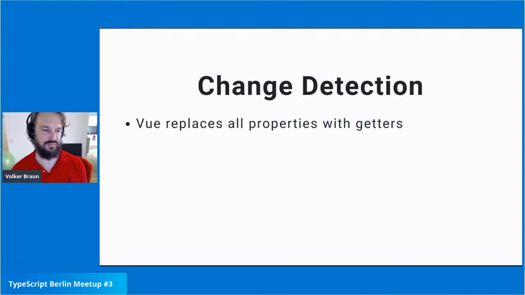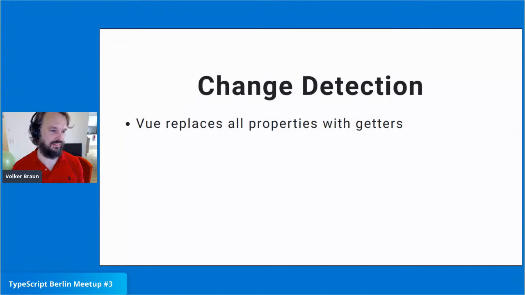Everybody has a little bit of a different riff on how change detection works. How does Vue do it? Well, it takes everything that's visible, like a property of the component, and recursively goes through it and all its properties and so on, and replaces all those properties recursively with getters. The getters don't change anything, they give you the actual value back.